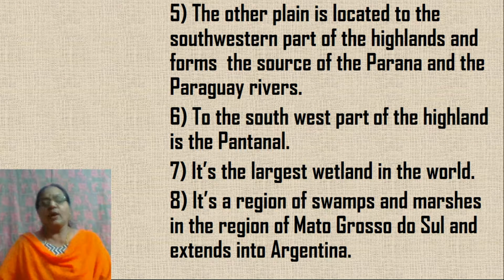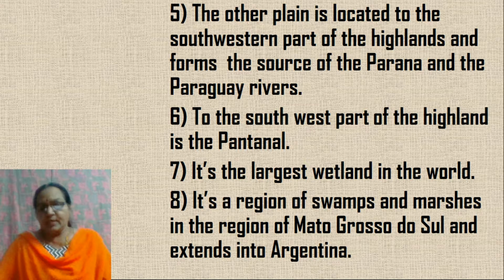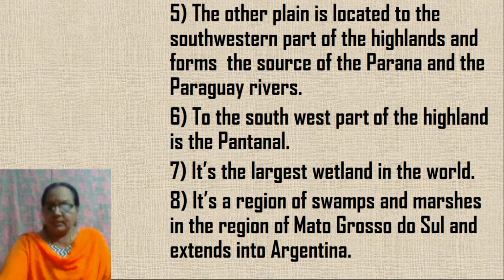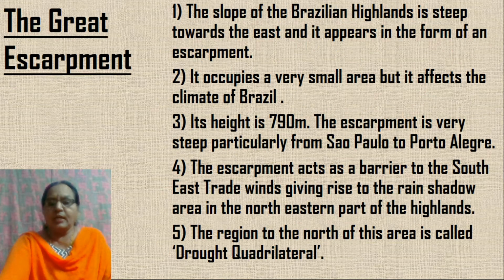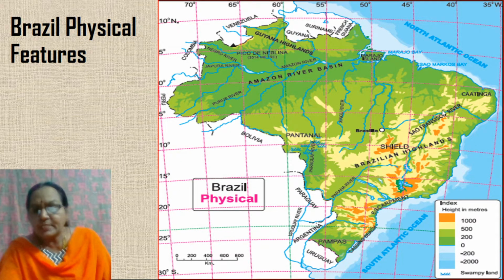Okay, now apart from the Amazon plain, along the southwestern part of the Brazilian highlands, we have two plains formed by the Parana and Paraguay rivers, which rise from the southern as well as the southwestern part of the Brazilian highlands. Then, towards the southwestern part of the Brazilian highlands, can you see here? There's the Brazilian highlands.